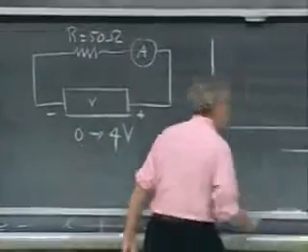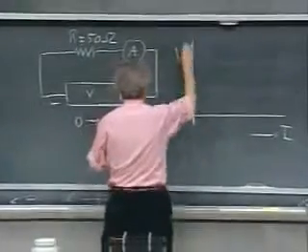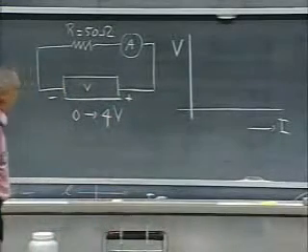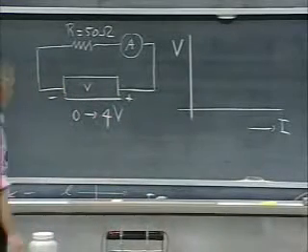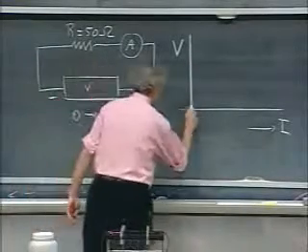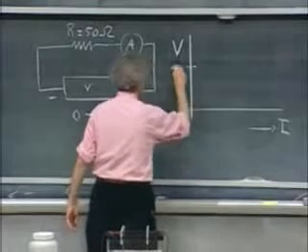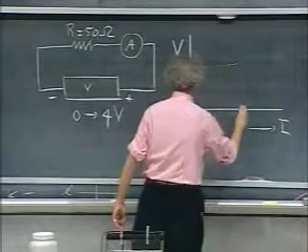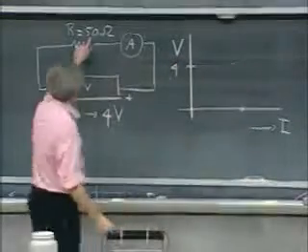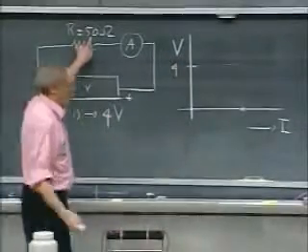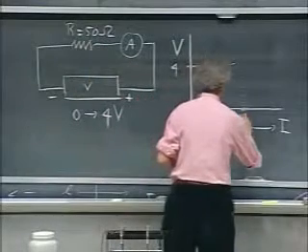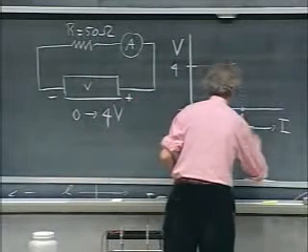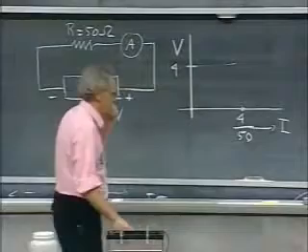I'm going to show you there projected the voltage, which goes from 0 to 4, versus the current. By the time we reach 4 volts, we would have reached a current of 4 divided by 50. According to Ohm's law, that is 0.08 amperes.